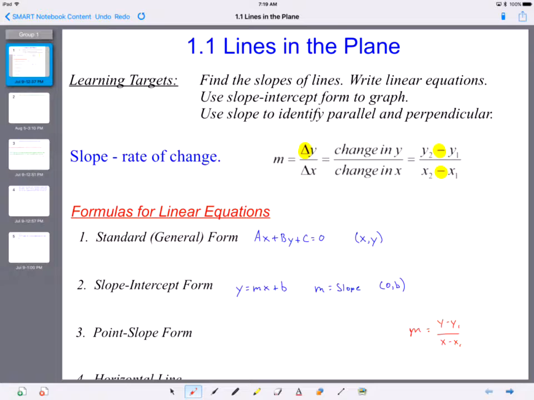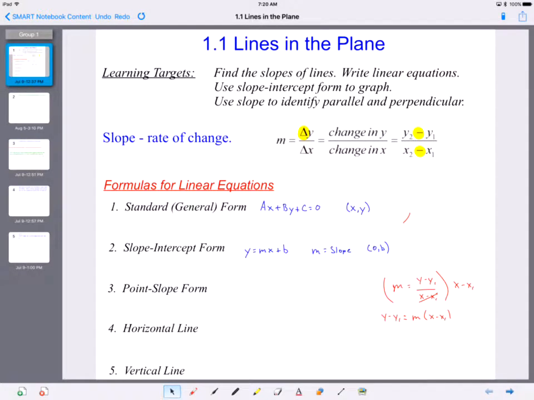So point-slope form, what if we solve this for y? We multiply both sides by x minus x sub 1, and that would give us, I'm going to rewrite the y on this side, y minus y sub 1 is equal to m times x minus x sub 1, because this one is going to cancel and move over to the other side. Now I can add that y sub 1 to the other side, but we're not going to solve. This right here represents your point-slope form.